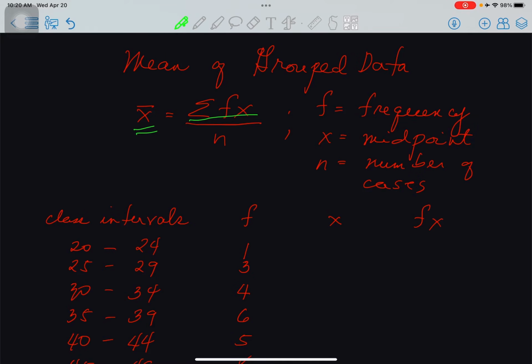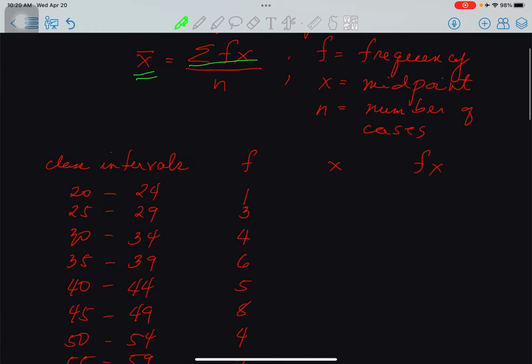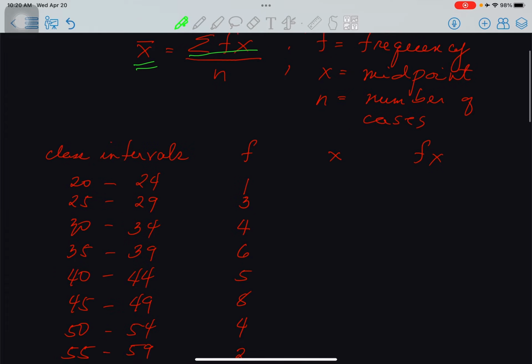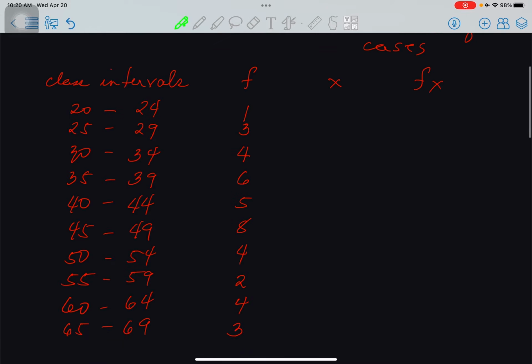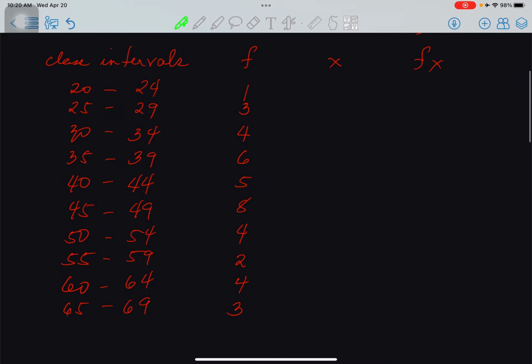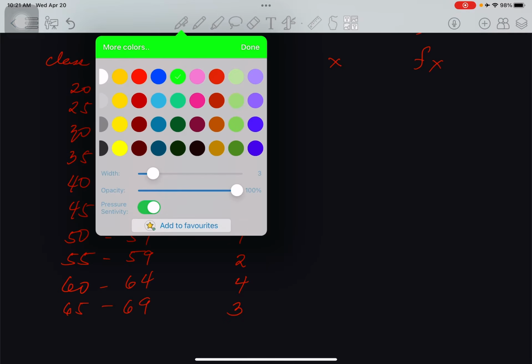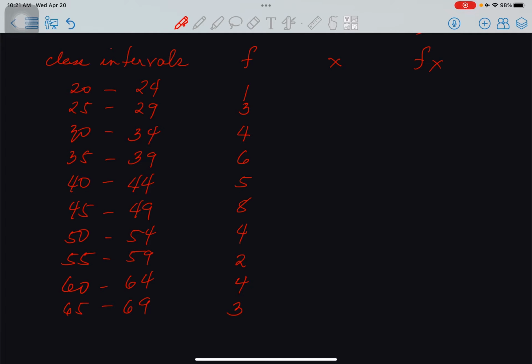I have here an example of a frequency table. We are going to find out its mean. So this is now a kind of group data. As you can see here, we have different class intervals, and a particular score or scores are a part of a particular class interval.